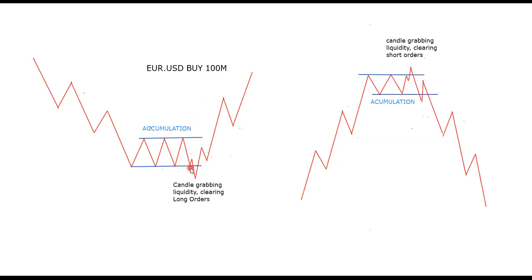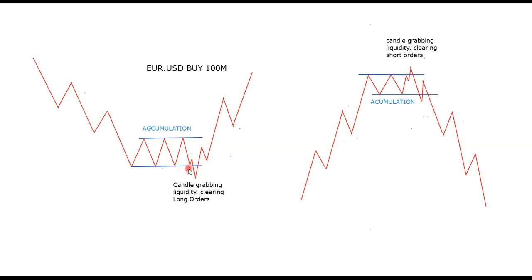So if you are here as a retail trader who has the information that everybody has, and you are looking to buy at this level, and you do so, and quite all right, price moves up a little bit.